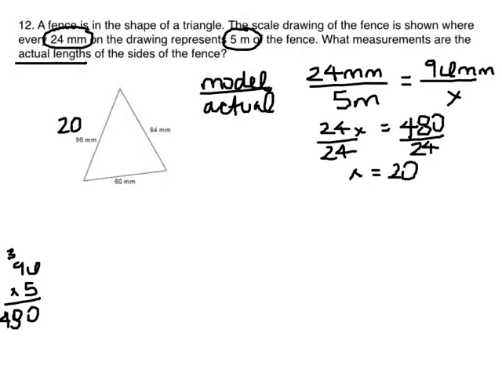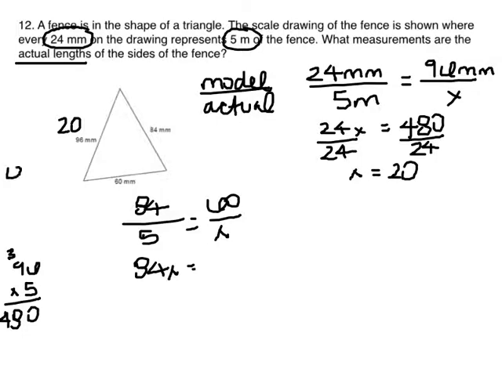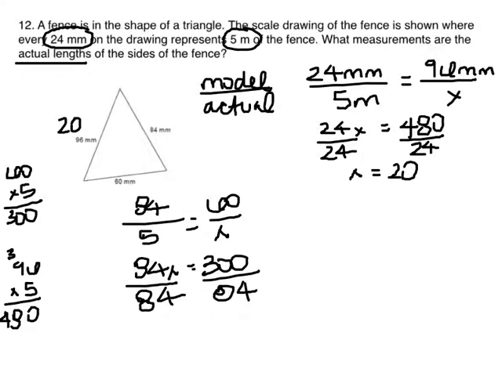Now we have to do the other two. So let's see, 84 over 5 equals 60 over x. 84x equals 60 times 5, that's going to be 300. Divide by 84.